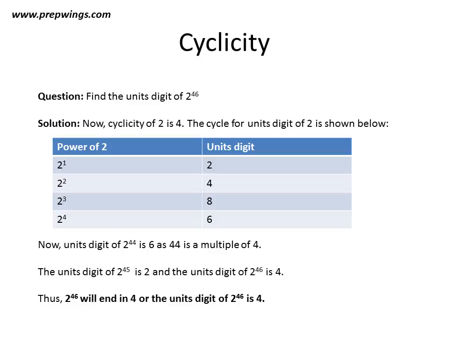Then 2 raised to power 45 will end in 2 because after 2 raised to power 44 the cycle moves from 6 to 2. So 2 raised to power 45 ends in 2 and then 2 raised to power 46 will end in 4. Thus the units digit of 2 raised to power 46 is 4. This is how we calculate the units digit of 2 raised to power 46.